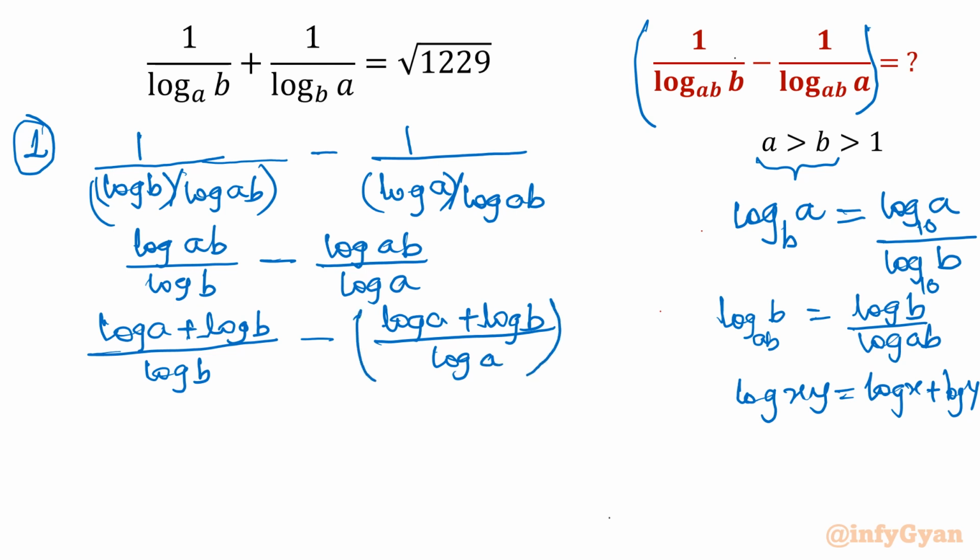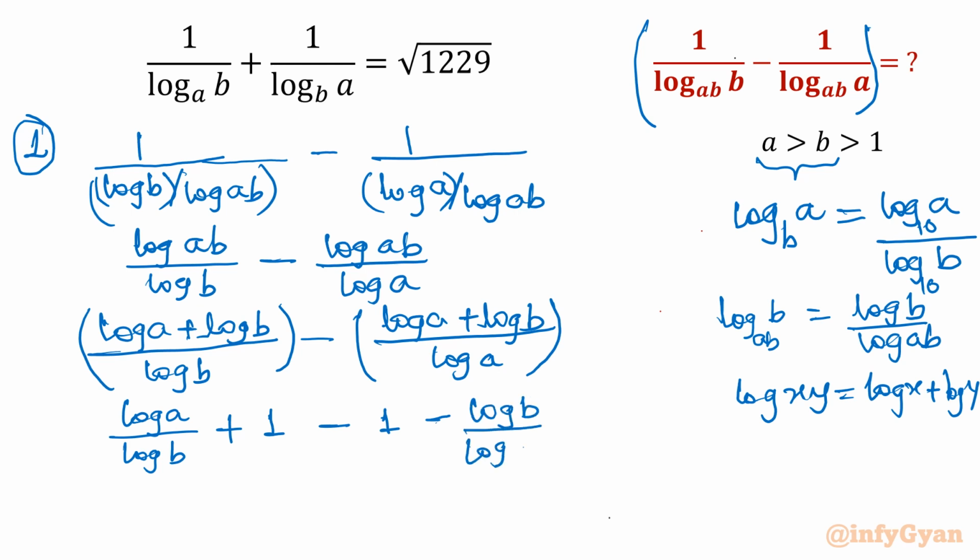Now split the numerator with a common denominator. So I will write log a over log b plus log b over log b, which is 1, minus log a over log a, which is 1, minus log b over log a.